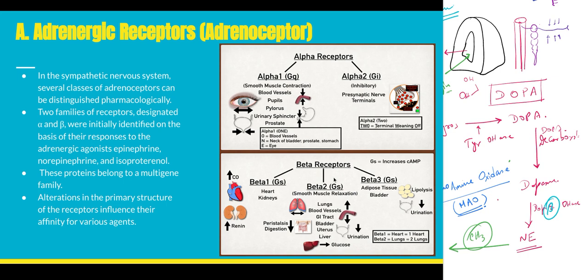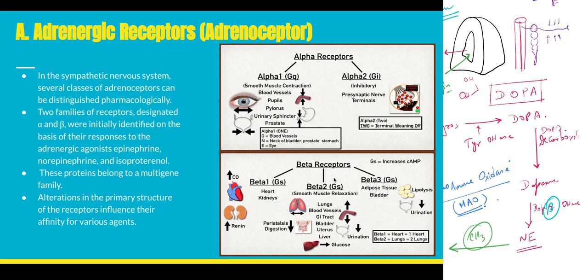Here there is one more trick that has been provided. If you read books, you will find alpha 1, ONE. If you remember the O goes with BLOOD, O goes with BLO, then blood vessel.